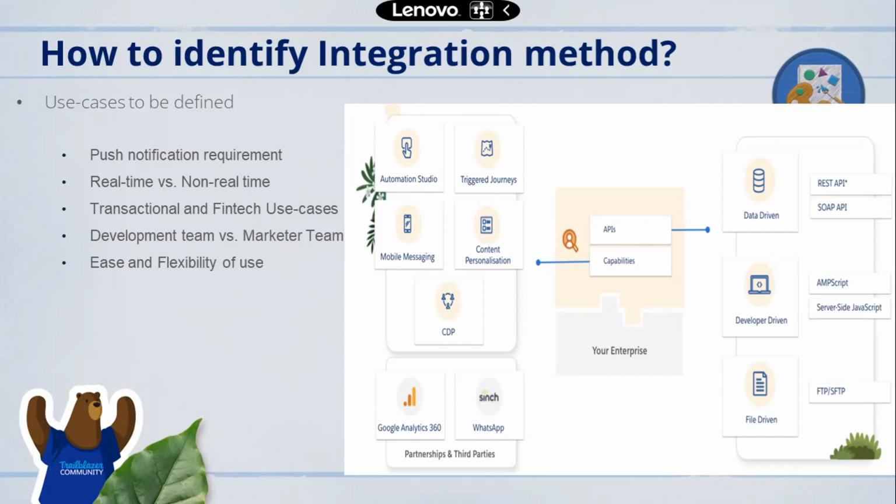Then you decide where you design more drag and drop based automations instead of doing the coding. And depending on the ease and flexibility of your overall structure and your overall business, you take a decision with respect to what integration method you want to use.